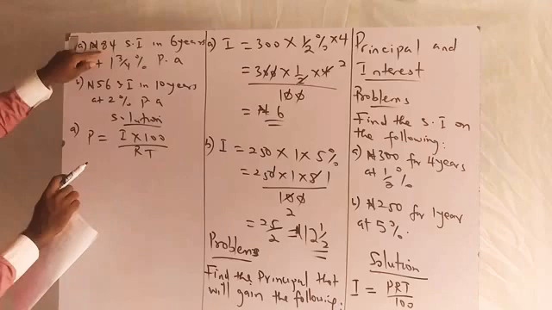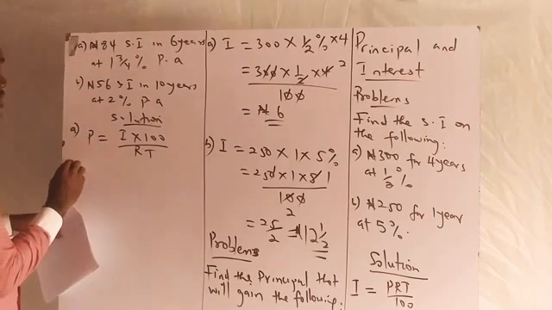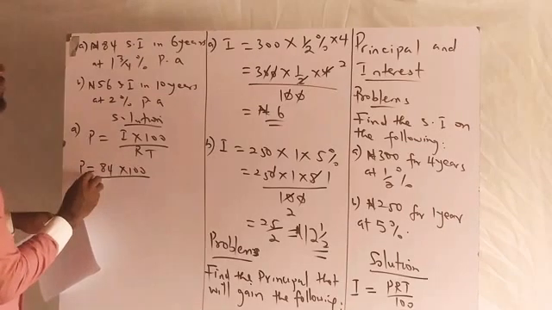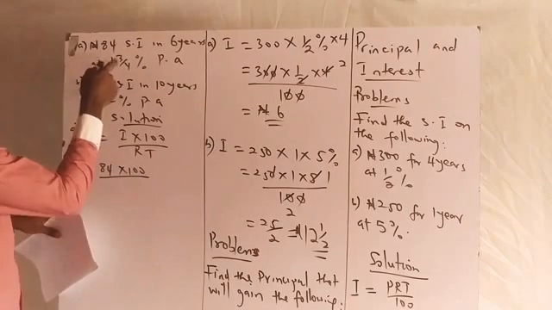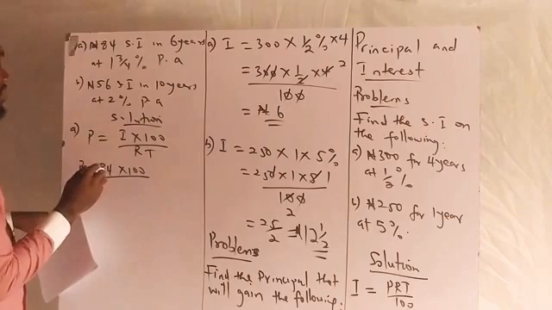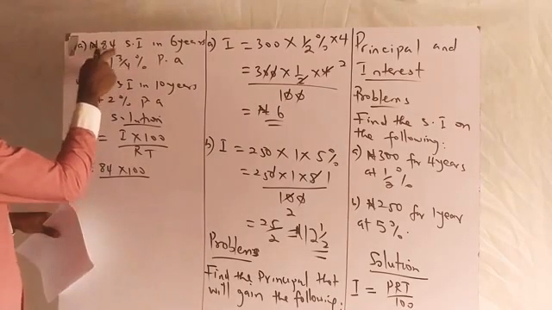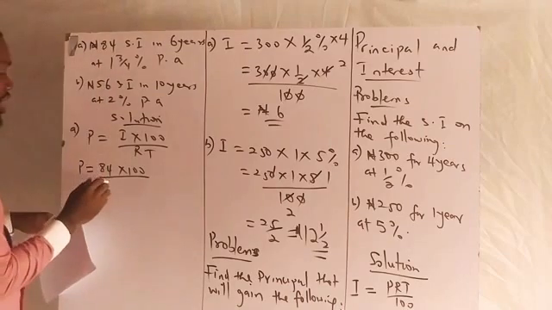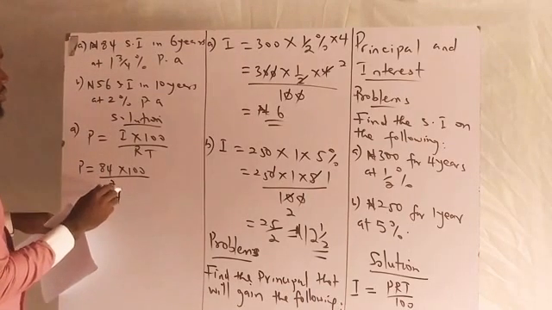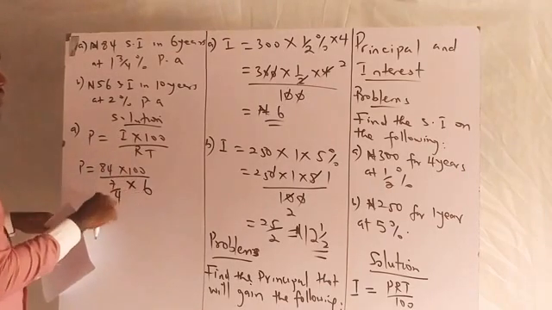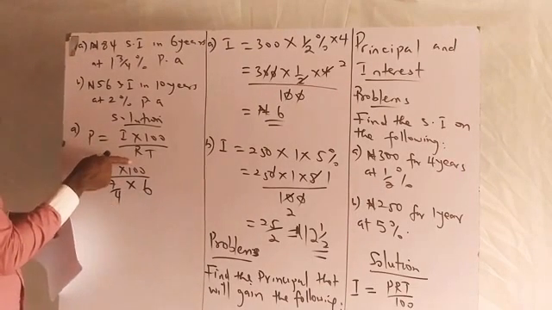We know our interest in the A is 84, so my P will be equal to 84 times 100 all over the rate, which is 1 3/4. That is 1 3/4 as 7 over 4, since 4 times 1 plus 3 gives us 7 over 4, times 6 years. I'll not be putting percentage here again because I already have it up here.